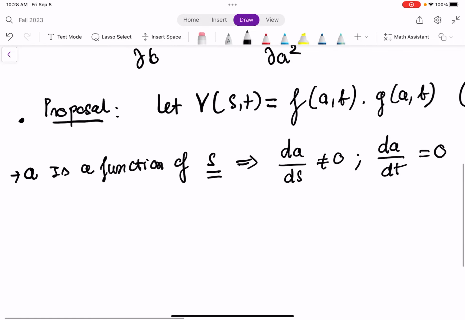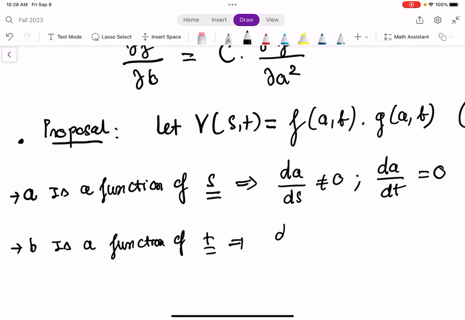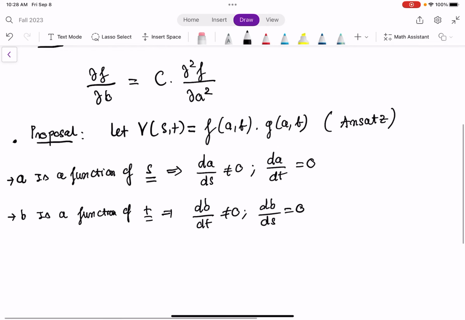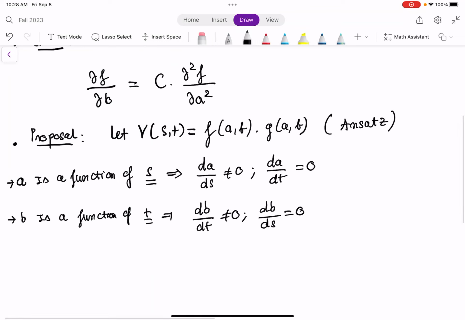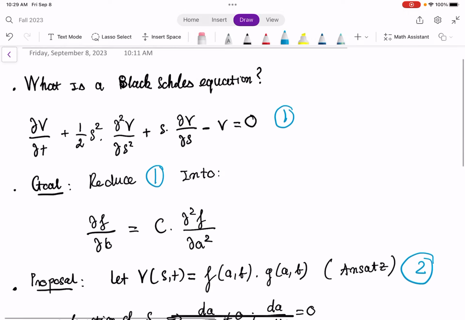Similarly, I say that b is a function of t. So you can say dB over dt is not 0, and dB over ds equals 0. Okay, this is very important later, as you will see. I will label this as 2, so we can go ahead and manipulate them.